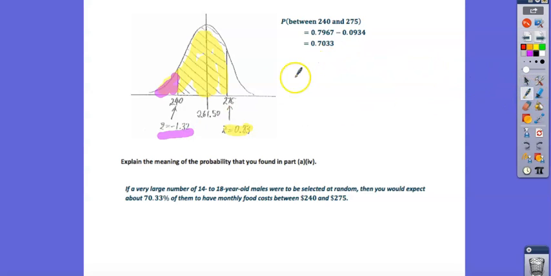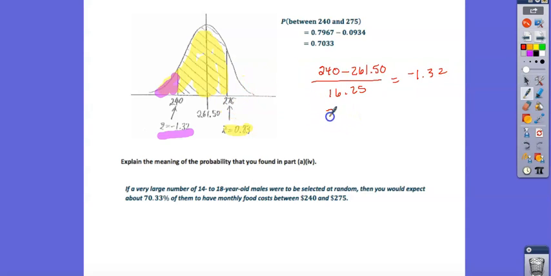Okay, so to find my z-scores again, I'm going to take the 240 minus 261.50, and divide it by 16.25. That's where I get that negative 1.3. Was it 2?